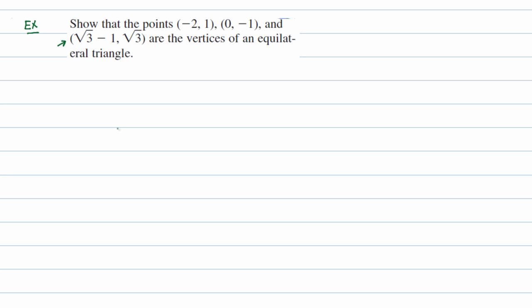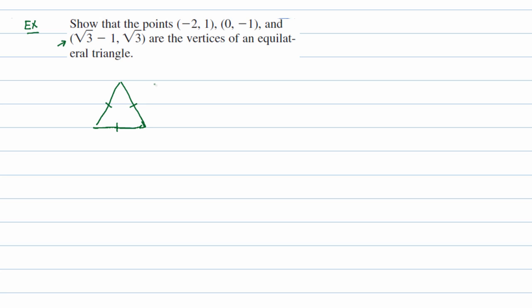So start thinking about what makes an equilateral triangle an equilateral triangle. One of the most important features is that all sides have the same length.